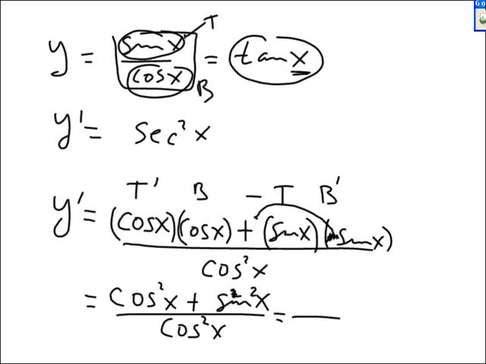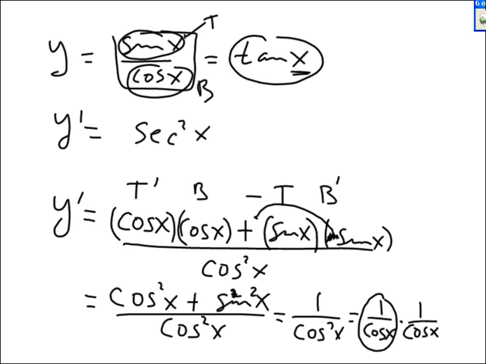The numerator is 1. We talked about that a little while ago. Sine squared x plus cosine squared x equals 1. Hence, the result is 1 over cosine squared x. If you need to see this step, fine. Cosine squared x is cosine x times cosine x.